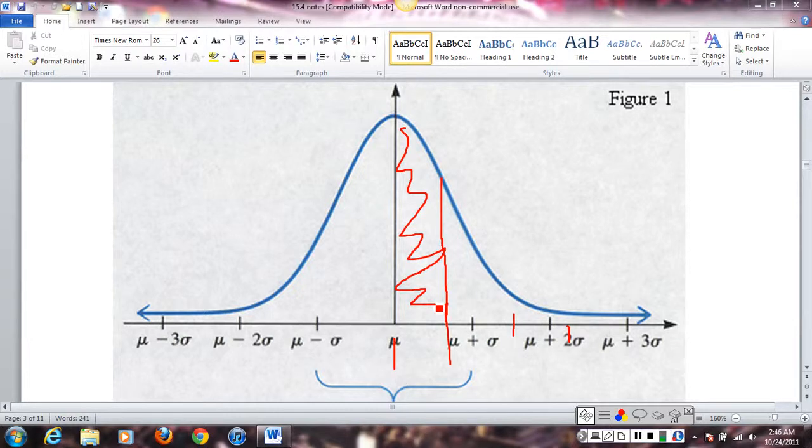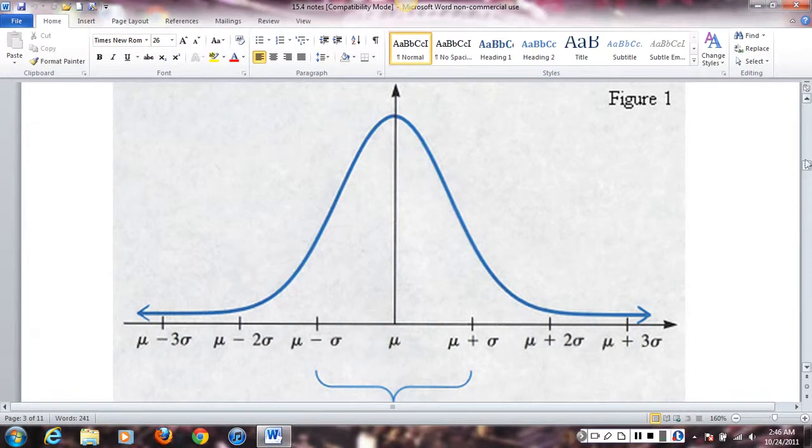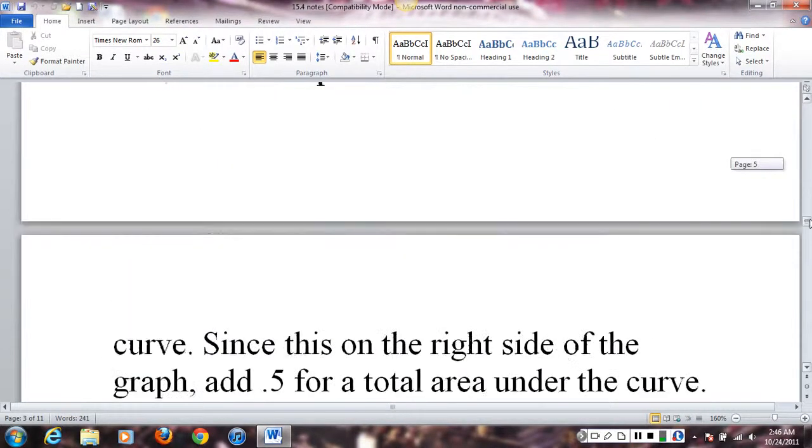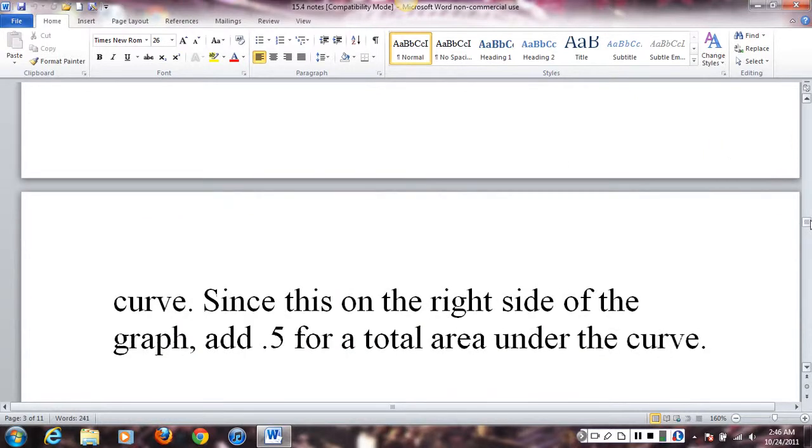Now when you figure out percentiles, obviously you don't want to consider just half of it. You want to consider the whole thing. To account for that, the way this is set up, because the true z-chart includes everything, and since this is just the right side of the graph, we need to add 0.5. This only refers to half the graph, or 0.5, 50% of the data.